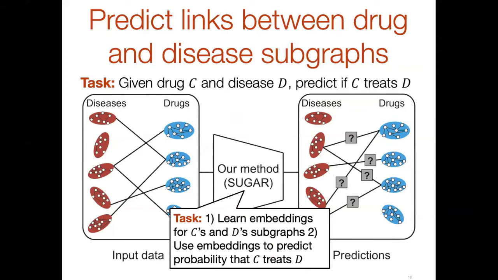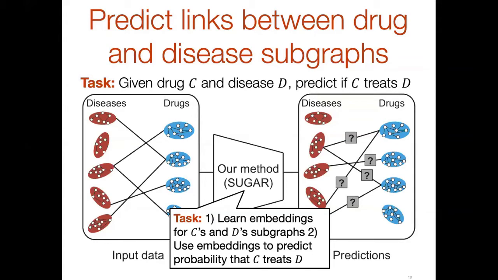Once we have those embeddings, what we want to do next is combine embeddings for drugs and diseases in such a way that we can predict new relationships between drugs and diseases. So really a prediction task: given a drug C and disease D, we want to predict if C will treat D. And the way we think of it is we start on the left, which is the universe of drugs and disease subgraphs.